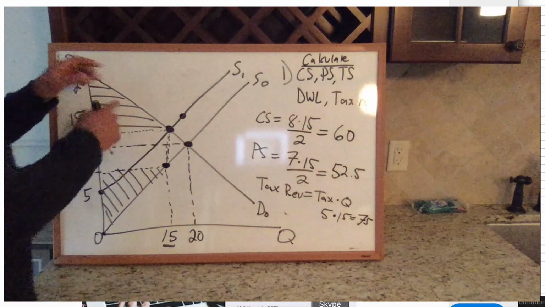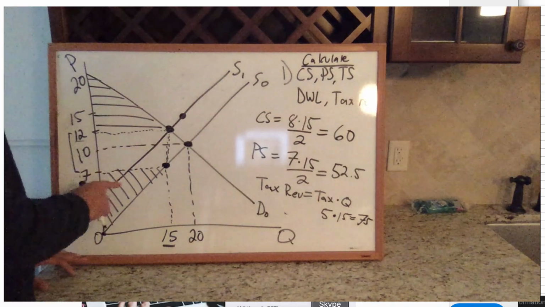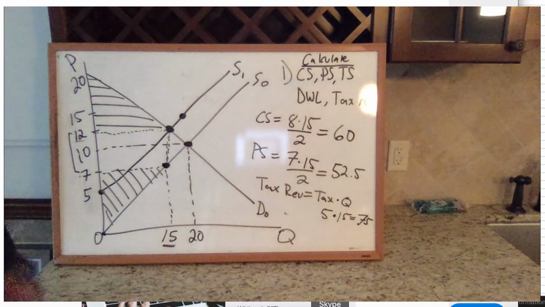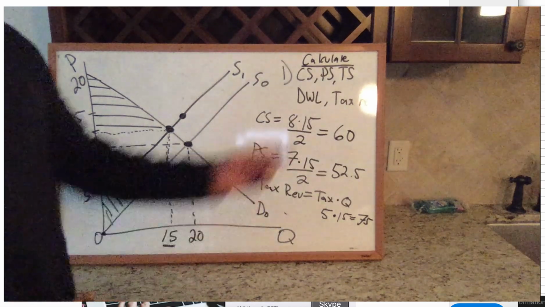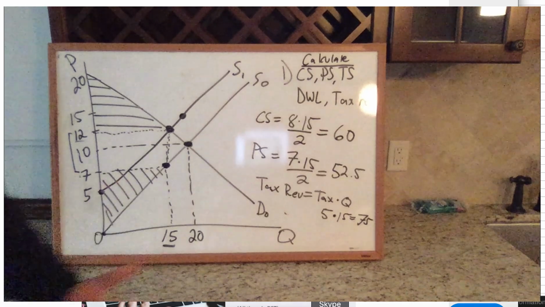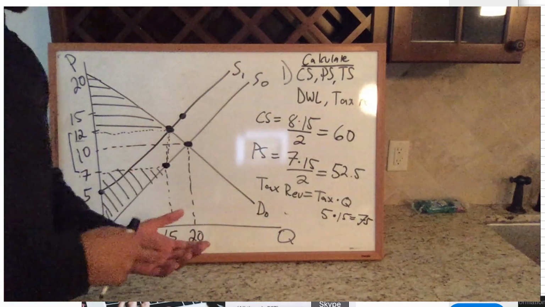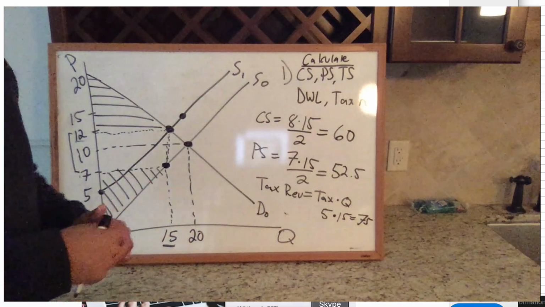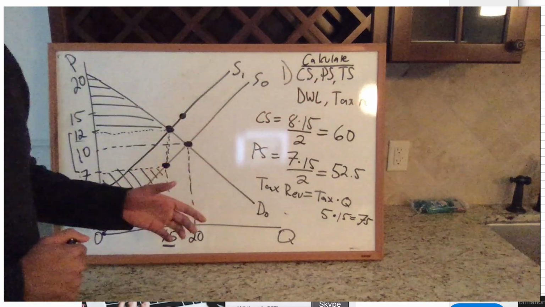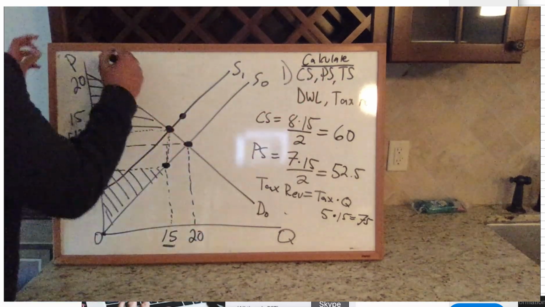So you've calculated consumer surplus, tax revenue, and producer surplus. Now from here, you can calculate total surplus. Now, a key distinction that a lot of students miss on exams is the formula for total surplus when we have a tax. So I'm just going to write the formula up here.